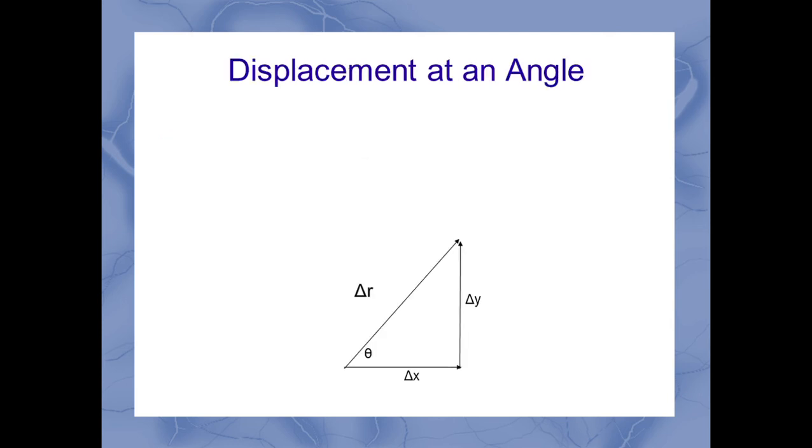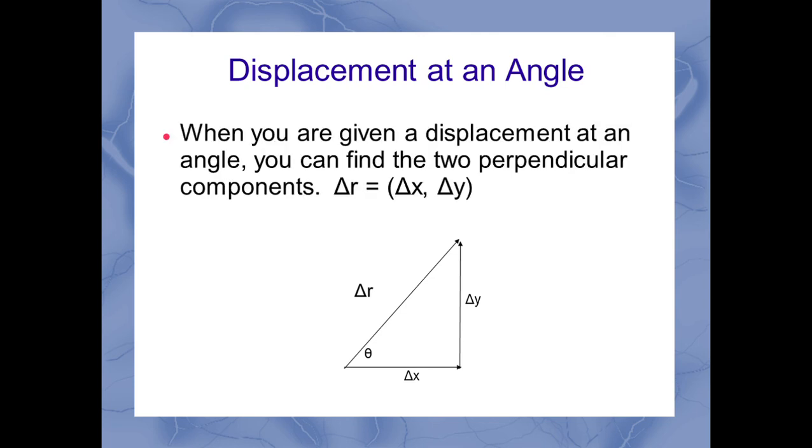Let's say instead of having a displacement purely north-south or east-west, what if it was at an angle originally? What we can do is work backwards from there. With the displacement, we can find what are called the components, which we'll talk about a little bit more in class. So if we know the displacement, we can find the delta x and delta y, just by using some of the definitions that you get from trigonometry.